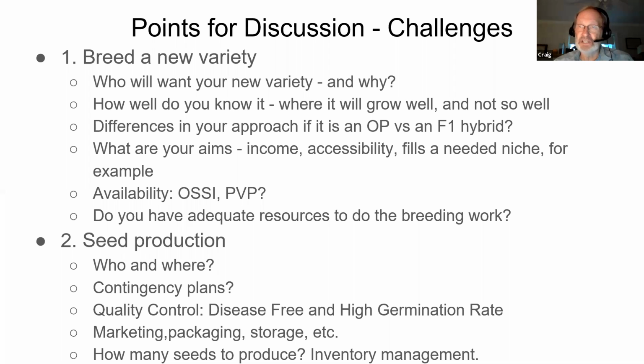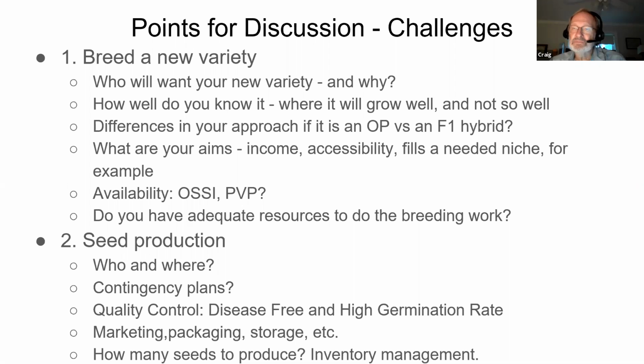And thinking of all those things we talked about today, record keeping, how you get seed back and forth. So it would be great to see where questions lie. And already, Jason and Petra, I know that we have that question that was raised about OP versus hybrid. Maybe Jason, do you want to say a few words about that? Sure, and then maybe we can pause here and see if there are any more questions on this first section.